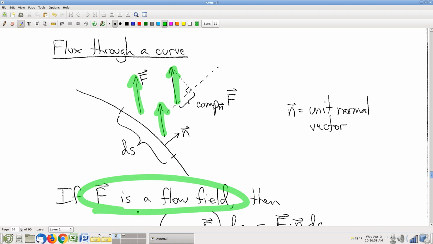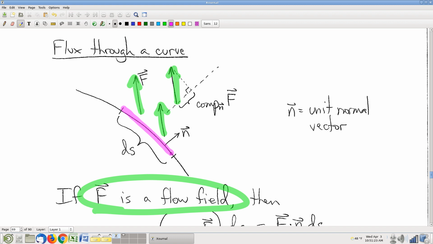Okay, so we have a fluid flow. You can imagine some fluid flowing along the page there. And then we also have that piece of curve. Here's a pretty reasonable question you could ask. This fluid's flowing along, and there's that piece of curve there. How much of that fluid is flowing across that line per unit time?